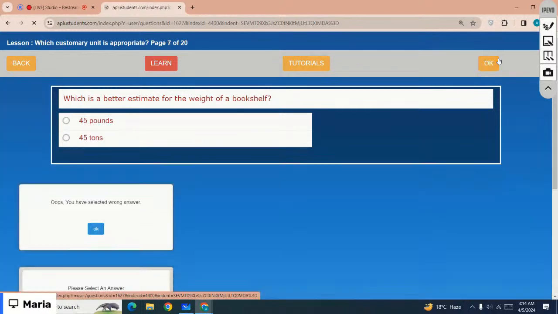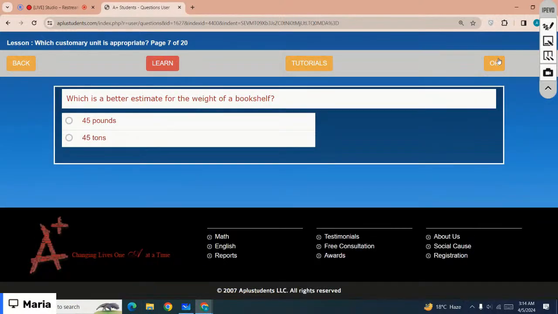Okay, got it. Which is a better estimate for the weight of a bookshelf? 45 pounds or 45 tons? Which is the correct option?